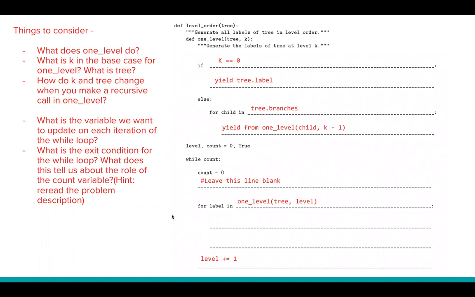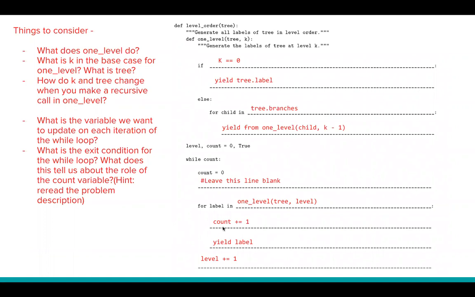For label in one_level(tree, level), what that really means is I'm going to iterate through each level's nodes. Initially, that level is 0, so I'm going to iterate through the top nodes, which is just 1. And each time I do this, I'm going to yield something, and then go down to the next level and yield all of those. And this is how we basically do that.